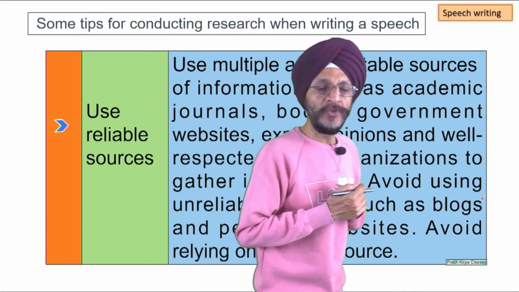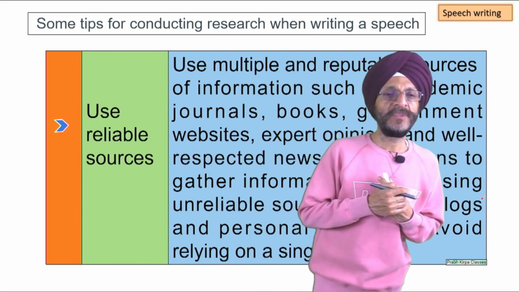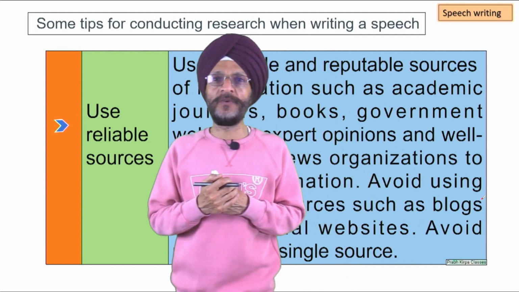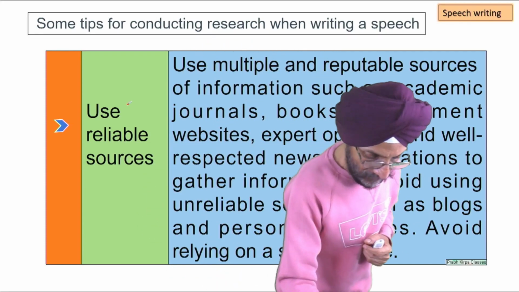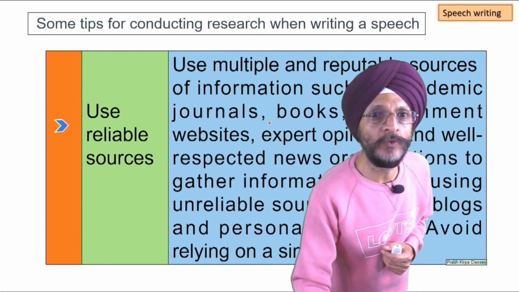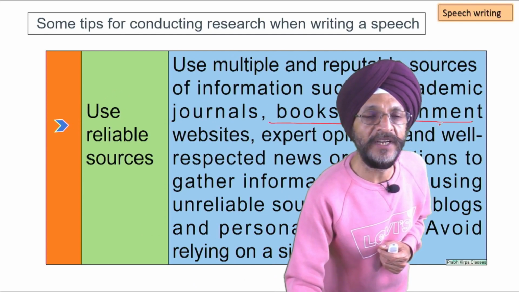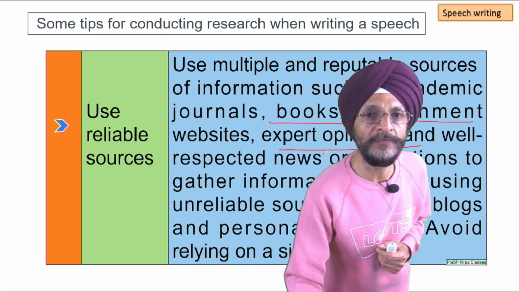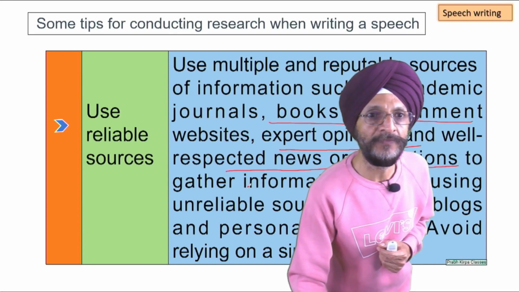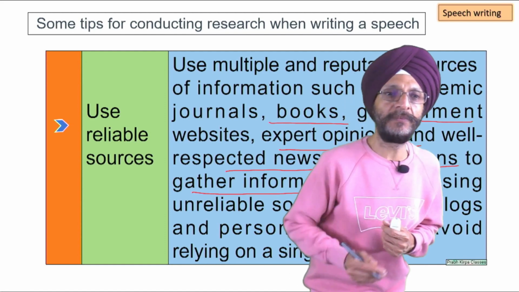First point is use reliable sources. We should use multiple and reputable sources of information, such as academic journals, books, government websites, expert opinions, and well respected news organizations to gather the information.